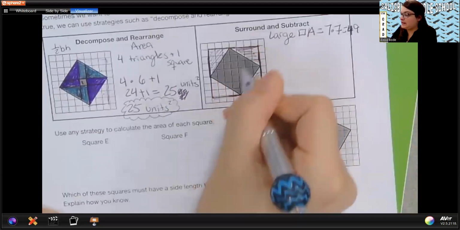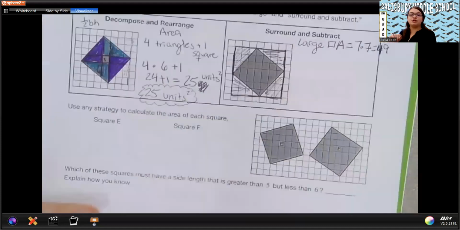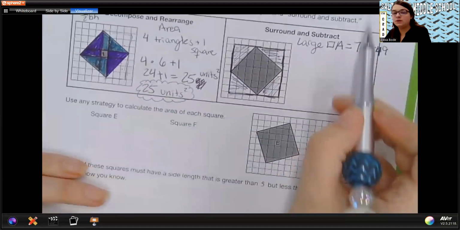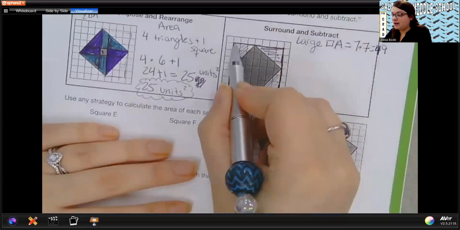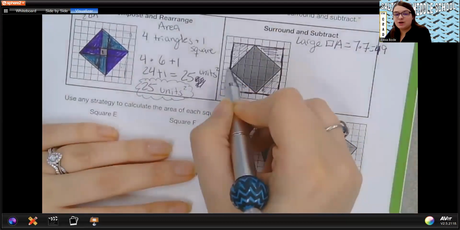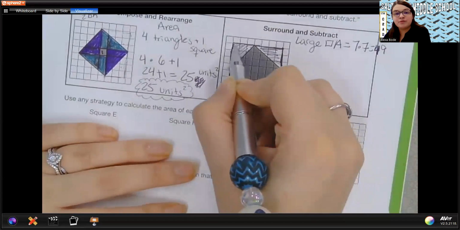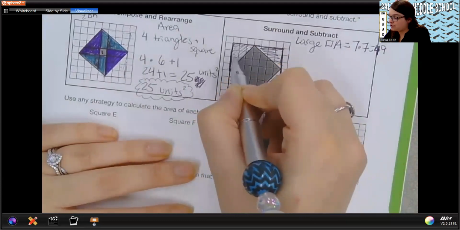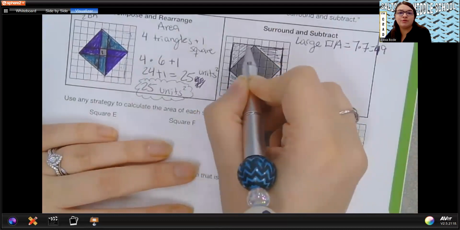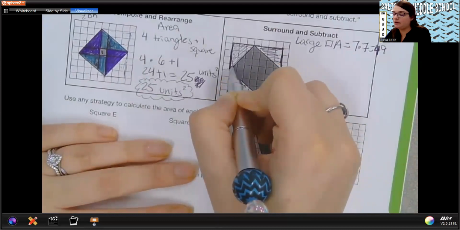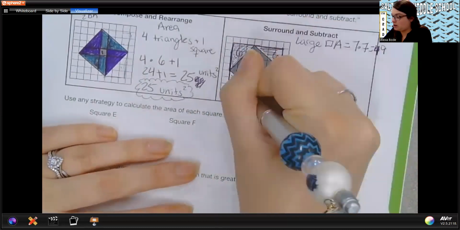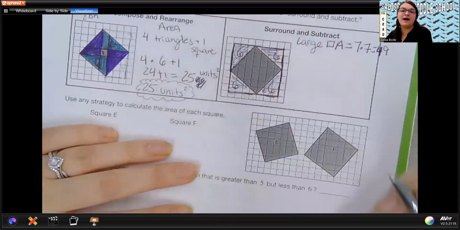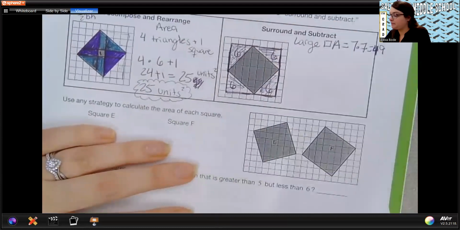Again, we need the area of the triangles in order to find just the shaded one. So I'm going to find the area of these triangles. I have 1, 2, 3 as the base, and 1, 2, 3, 4 as the height. So 3 times 4 is 12, divided by 2. These are all 6 again. All 4 of these triangles have an area of 6.